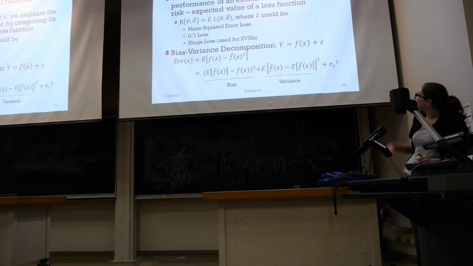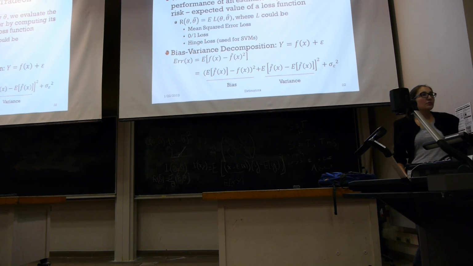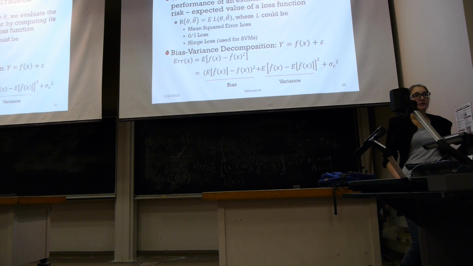I think there's a parenthesis missing there, so we want to square the error. This actually decomposes into two quantities: the bias of f hat, which is how different it is from what we're trying to estimate, and the variance of it.